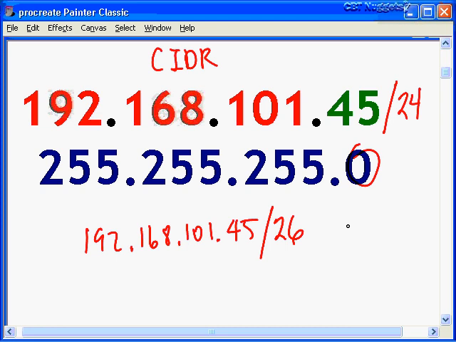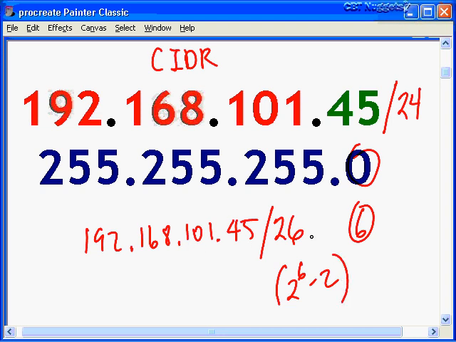That gives us 6 bits left over for hosts. Obviously, if we only have 6 bits left over for hosts, then we're going to have fewer hosts per network. As a matter of fact, it's 2 to the 6th power minus 2, right? Remember that from earlier? Now, why is it minus 2? Because for each network we have to take away 2, because we can't use the network address and we can't use the broadcast address on that network.